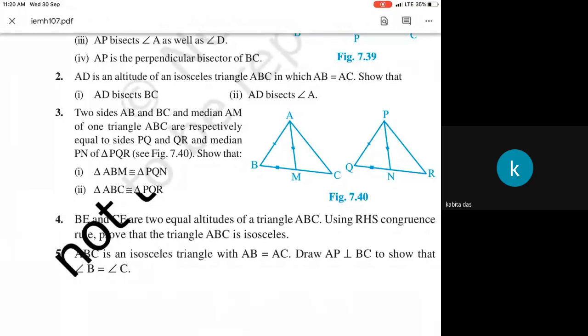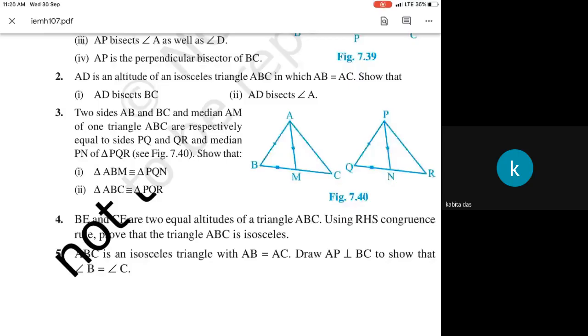So what is given here? Two sides AB, BC and median AM.